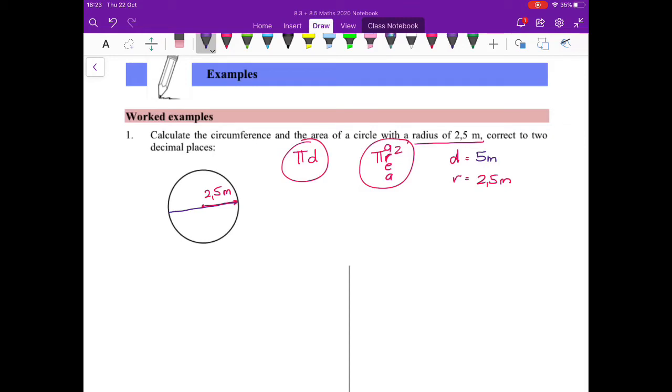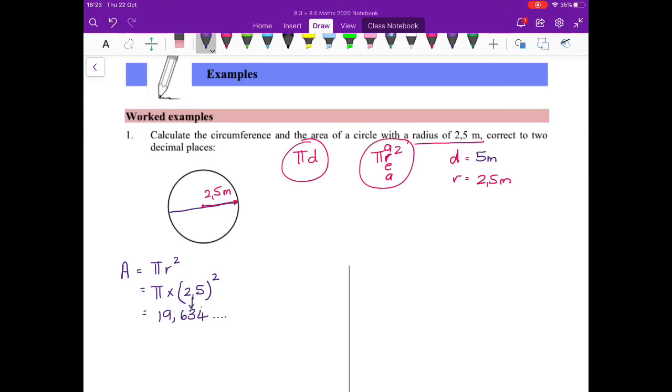Right, so now we have to find the area. So area equals pi r squared, and remember pi is a number, so pi times my radius, which is 2,5. I'm going to square it, and if I do that, I will get 19,634 and so on.